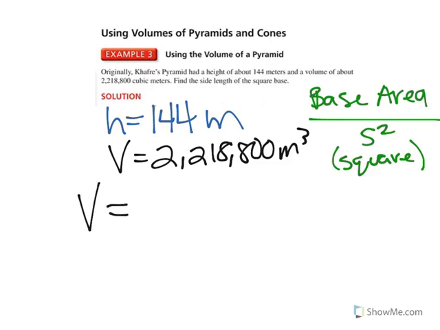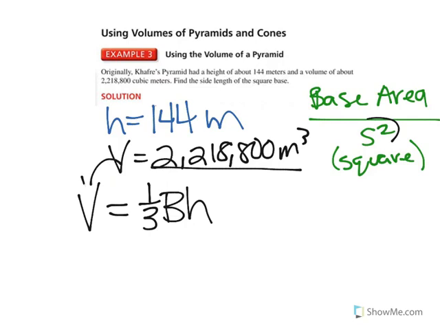Okay, so volume is equal to 1/3 big B times H. And in this case, we know that we need big B to represent the base area, so I'm just going to plug in side squared. We know that the volume is 2 million meters cubed.